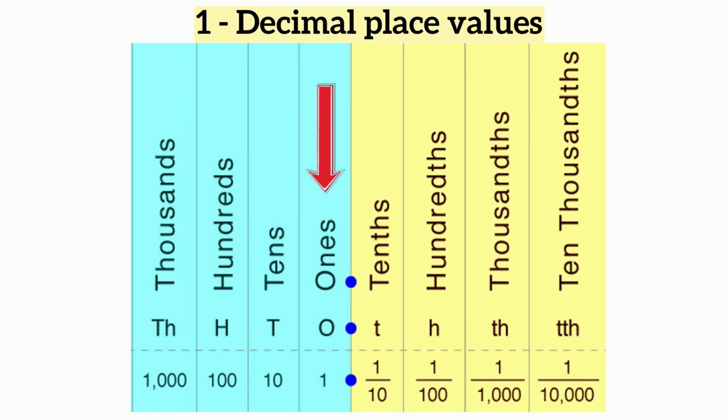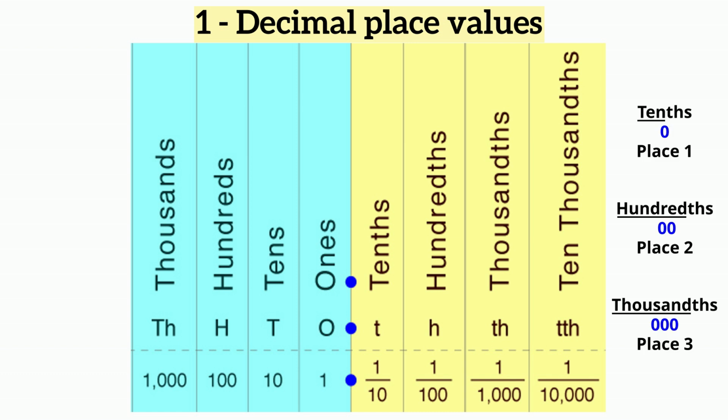The only exception is ones. We only see it before the decimal point. If you want to remember the names of the places after the decimal point easily, think about the amount of zeros in the word. For example, you know that 10 has 1 zero, so the tenths place is place number 1, and 1,000 has 3 zeros, so the thousandths place is the third one, etc.